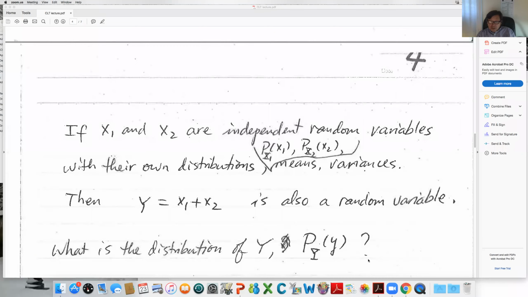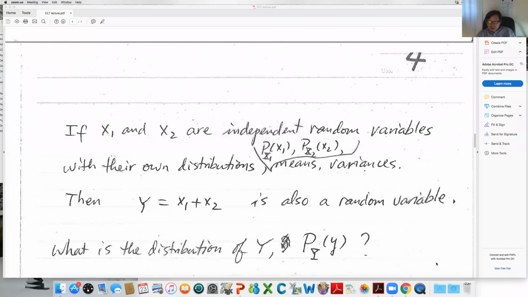This mathematics is broader than what we have at hand. We are drawing the random variables from the same population, so therefore these p's are the same distribution, but the math that we are about to develop can be broader. In other words, x1 can be from one population, one distribution.